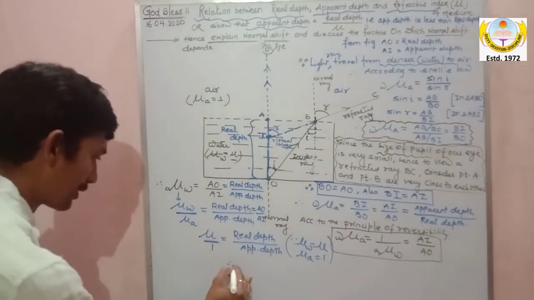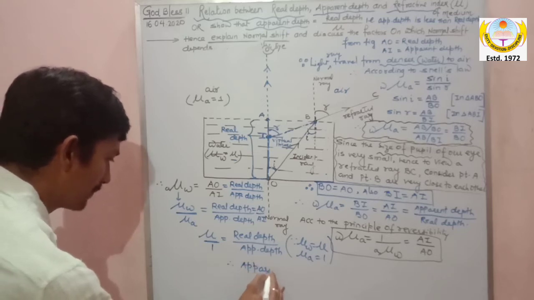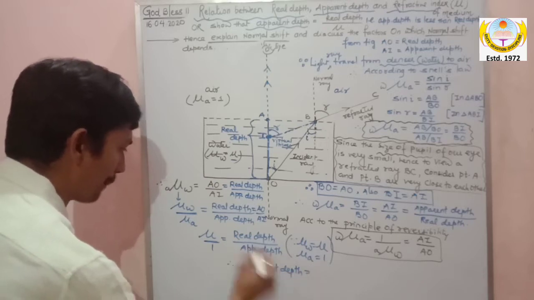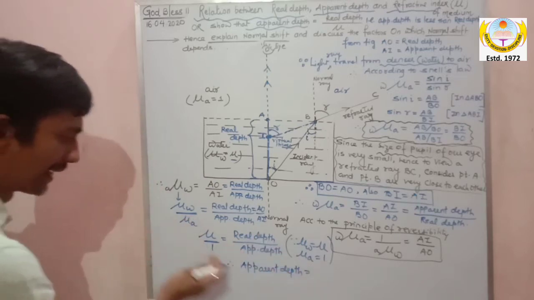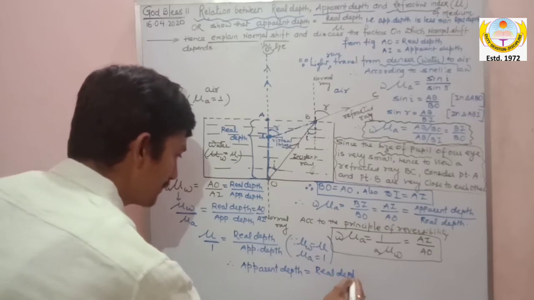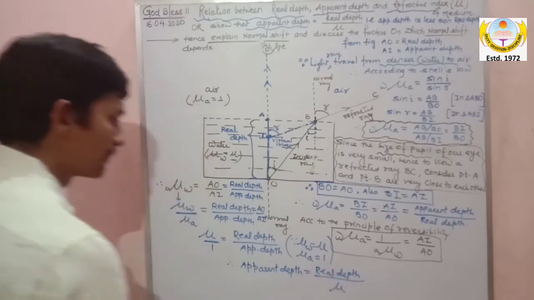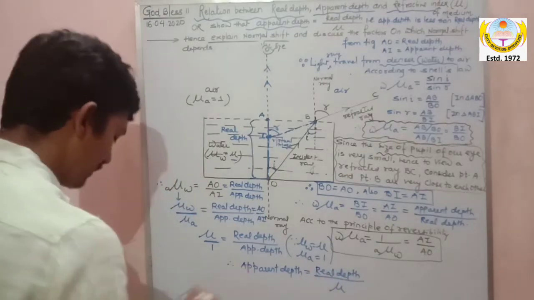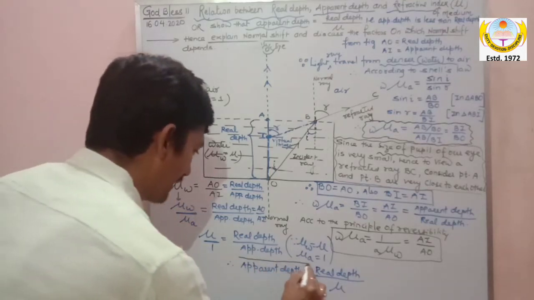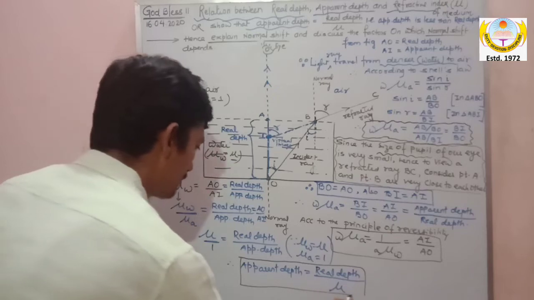So therefore, apparent depth is equal to what? Apparent depth is equal to real depth divided by mu. I hope everybody is clear with this derivation that apparent depth is real depth divided by mu.